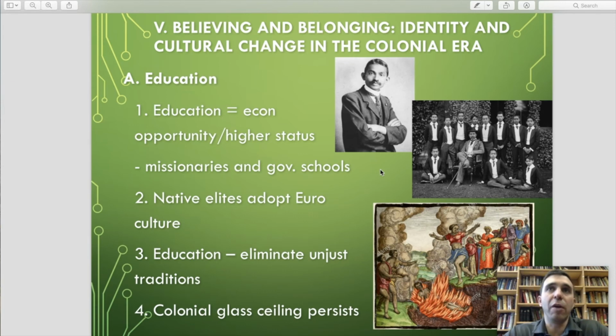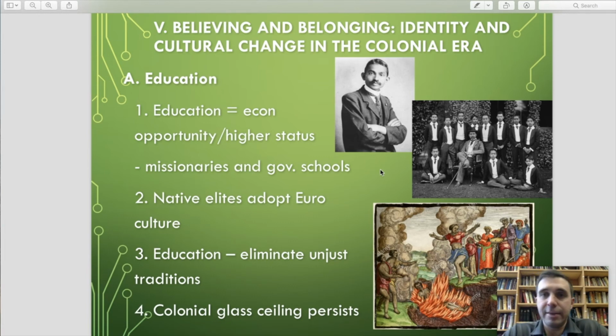There's also government-tied schools. Whether they might be actually set up in the colonized areas themselves, government-supported schools, or especially for the most elite of the local workers that they employed, the opportunity to head back to Europe for an education.